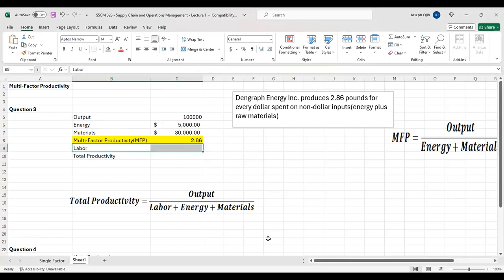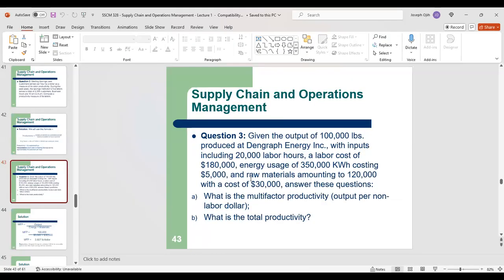Now, if you look at that question, it says the input includes 20,000 labor hours, with a labor cost of $180,000. So labor cost is 180,000.